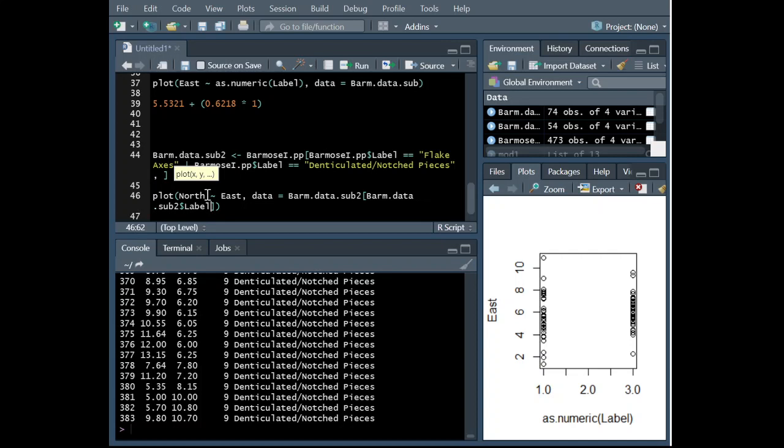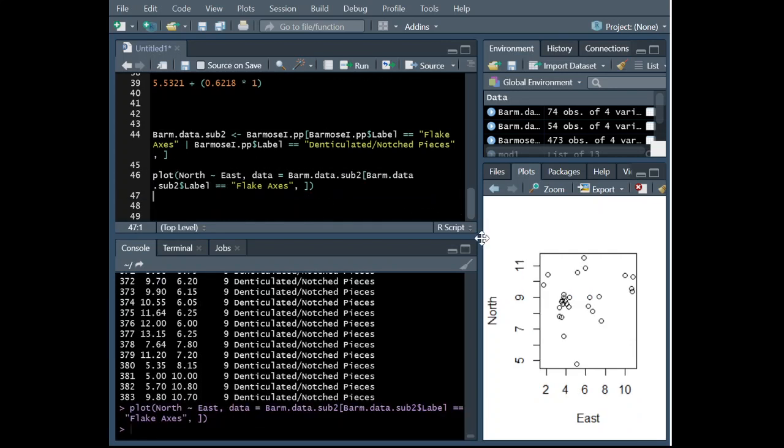So the label is equal to flake axes, and we have to put a comma there. So now we're plotting the northing values as a function of the easting values, and the data that we're using for this is not just the entire BARM data 2, but we're indexing within that for just the flake axes.